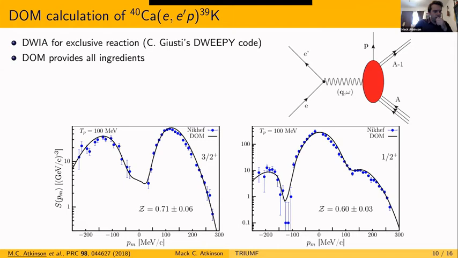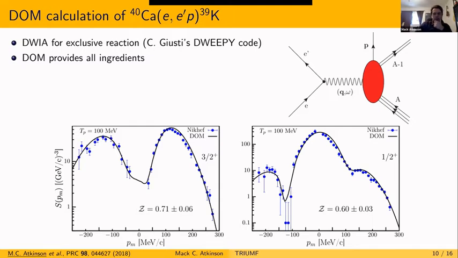So you can see the results of this calculation presented in these momentum distributions of both the 3/2+ potassium-39 state and the 1/2+ potassium-39 state, which of course correspond to the two least bound orbitals in calcium-40. So this is at an outgoing proton energy of 100 MeV. So you can see the agreement with the data is quite good.